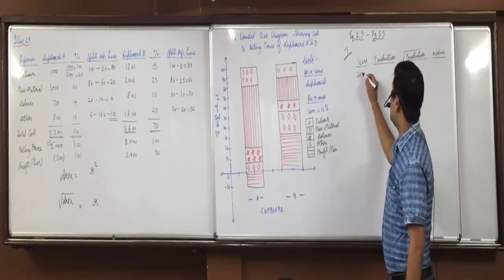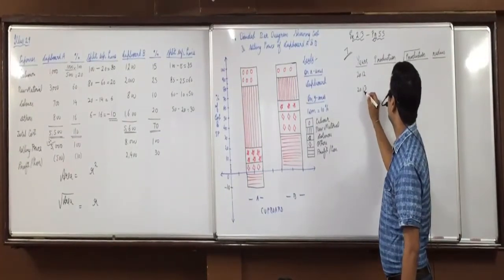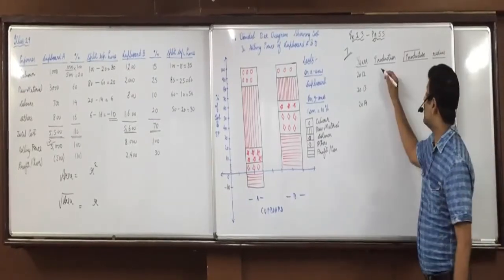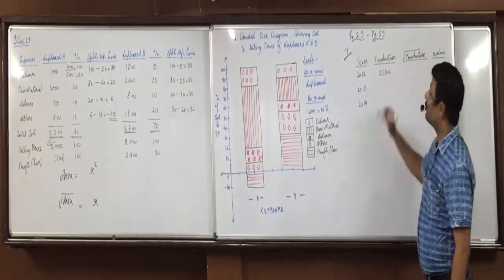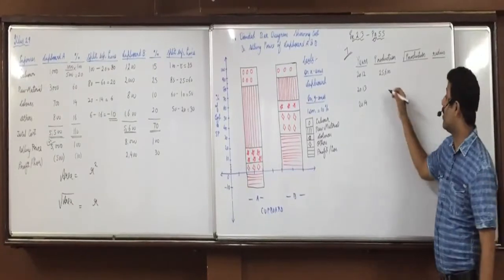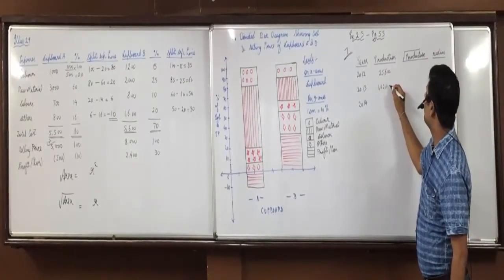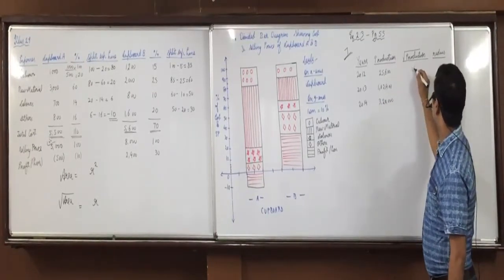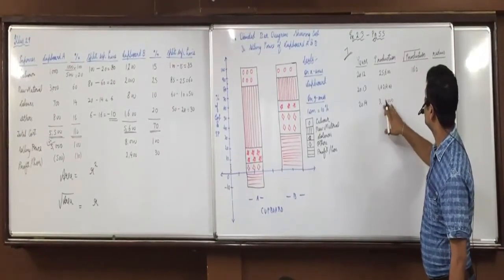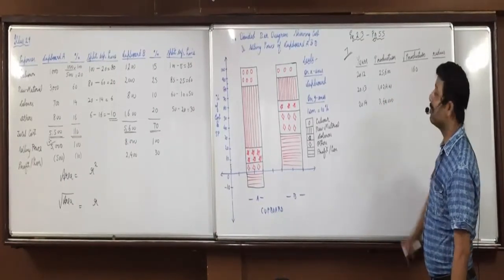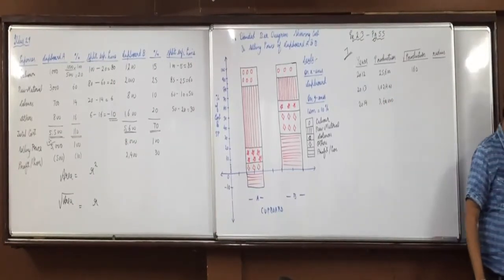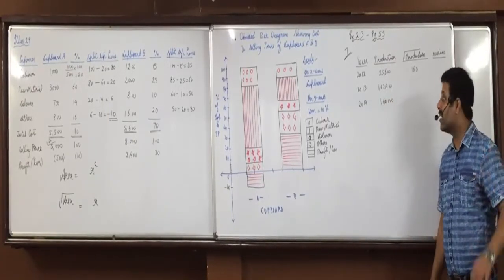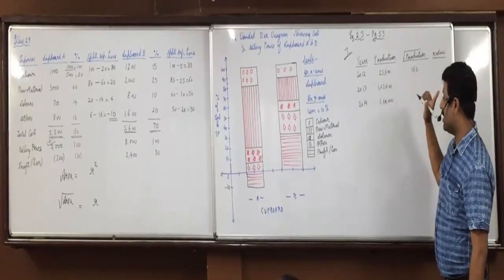Now 2012, 13, 14: 25,600, 1,02,400 and 1,60,000. Square root of 25,600 is 160.